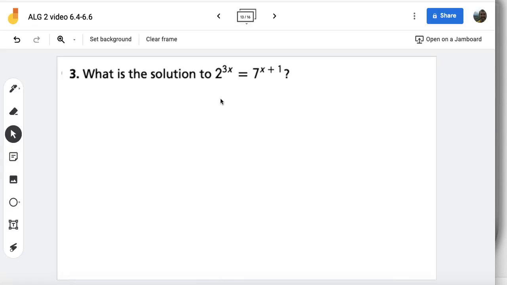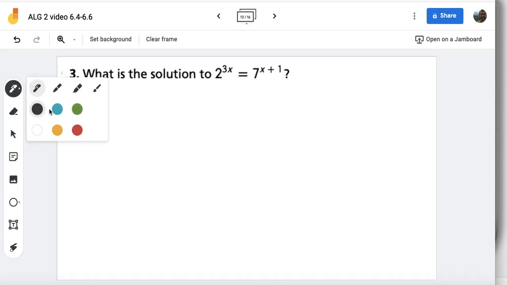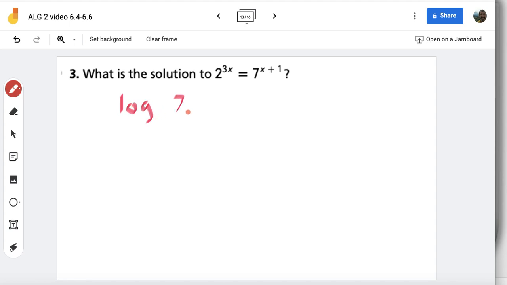Let's see, I have it right here. Get the pen going. We have x's on both exponents, so I'm going to want to write the log of this equals the log of that.